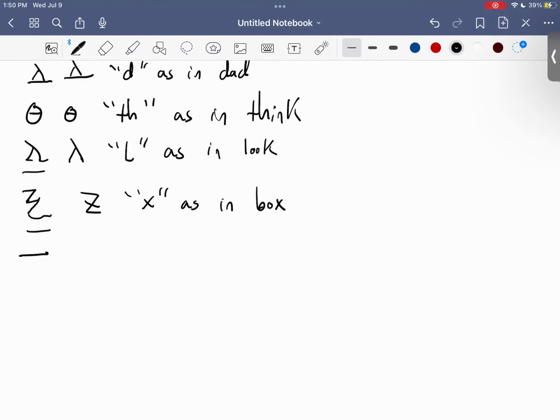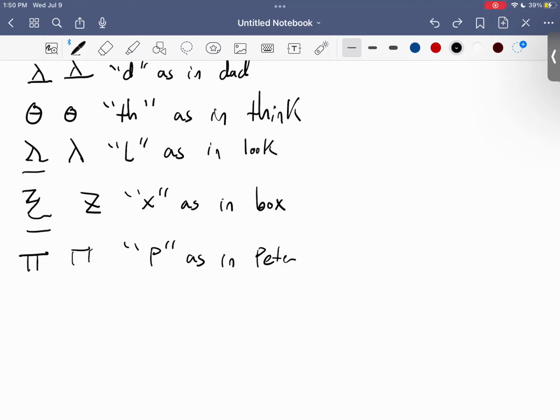The next one, a very big and common one, you'll see this one a lot. Pretty much looks the same, lowercase and uppercase, is P, which makes a P as in Peter, right? So if you read Coptic, you'll see Petros, the upcoming Feast of the Apostles. Petros, Pavlos, starts with a P, okay?